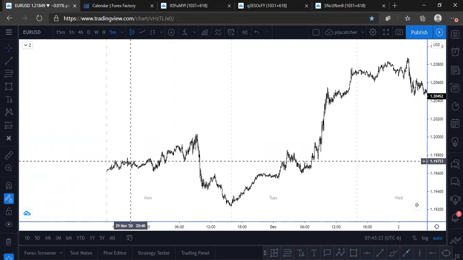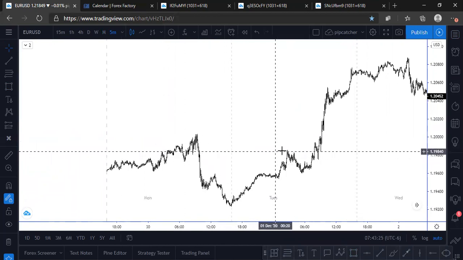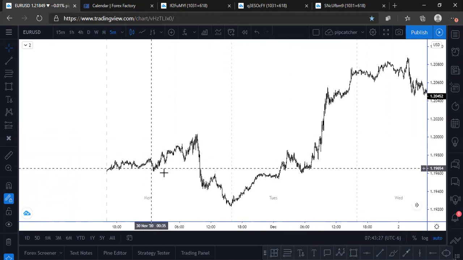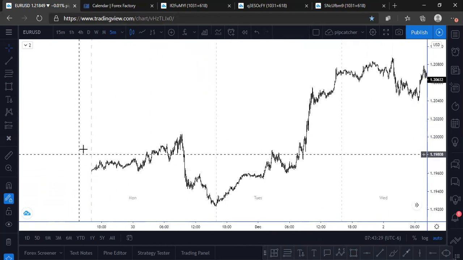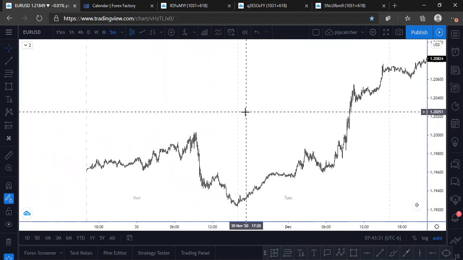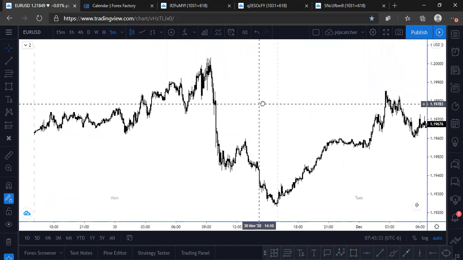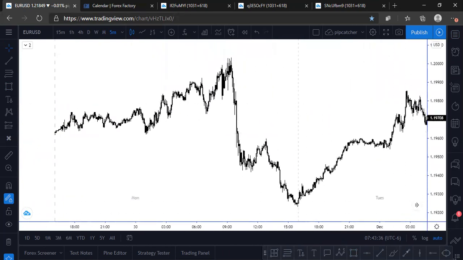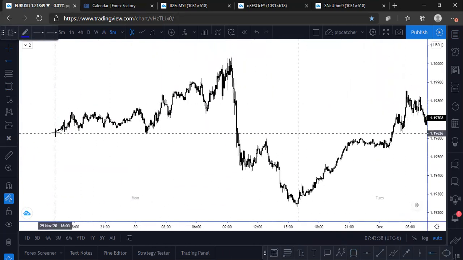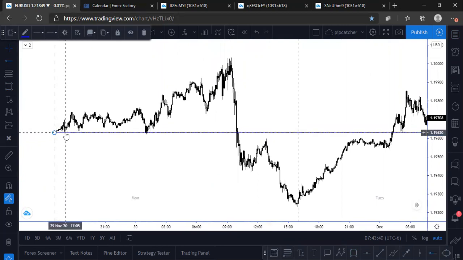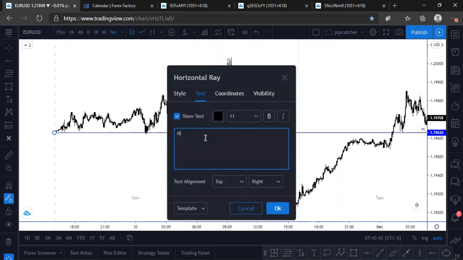So right here we have December 1st, November 30th, market open on a Sunday. So we can map off the market open right here. Let's call this market open, right?